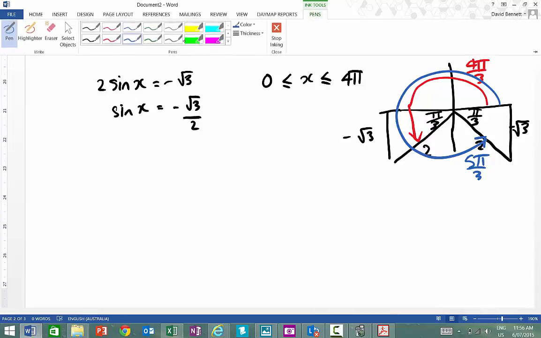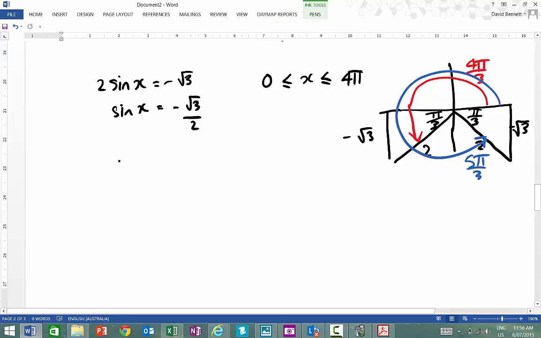So when we start looking at doing this, we know that x has to be equal to 4 pi on 3, or it's got to be equal to 5 pi on 3, and then we're doing plus k 2 pi, because remember we're going around in multiple circles.